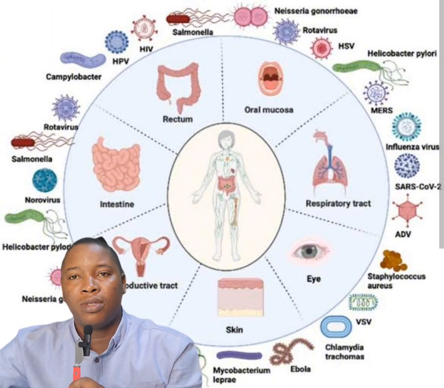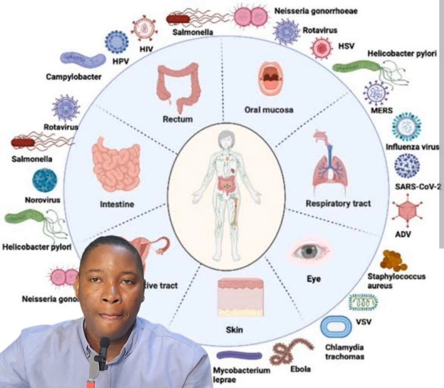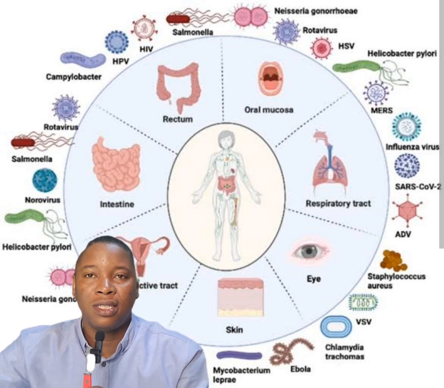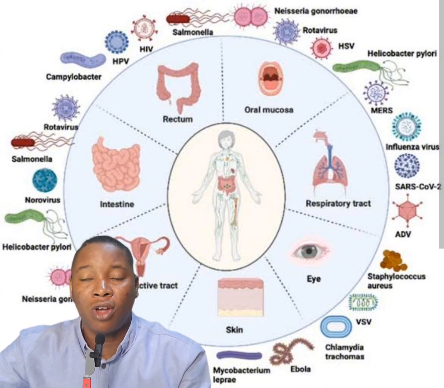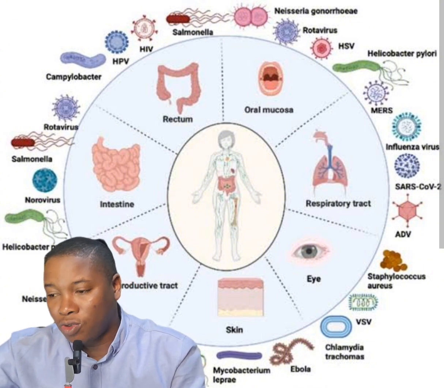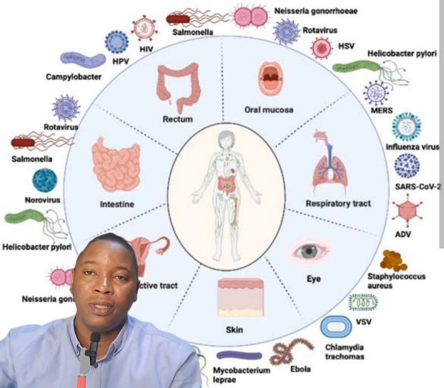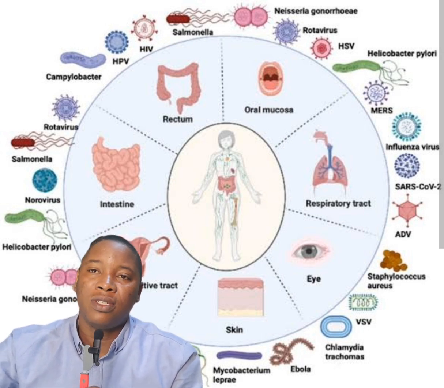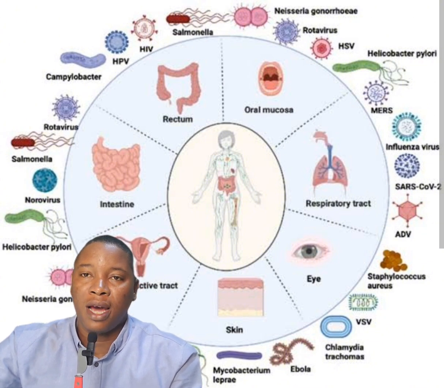Now, it's important to note, like I said earlier, that many different agents are capable of causing diseases along this system. And for today, we just want to look at some of the bacteria that are able to cause diseases along this length of the human body. Many of these diseases are referred to as urinary tract infections, UTI.